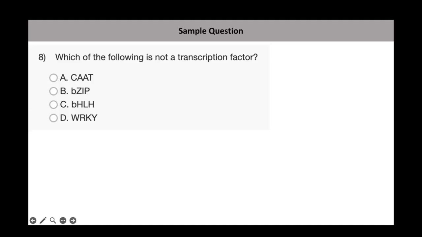So the next question is, which of the following is not a transcription factor? Options are CAAT, bZIP, bHLH, and WRKY.